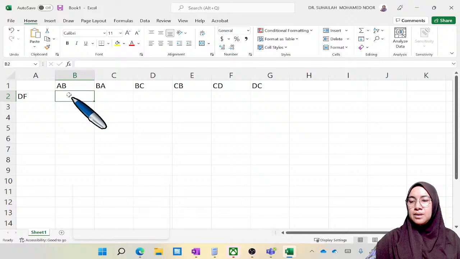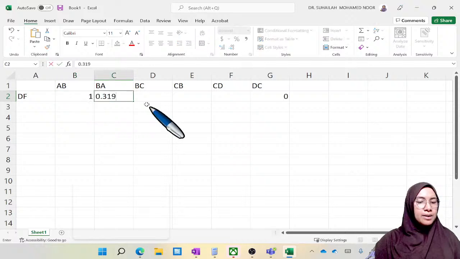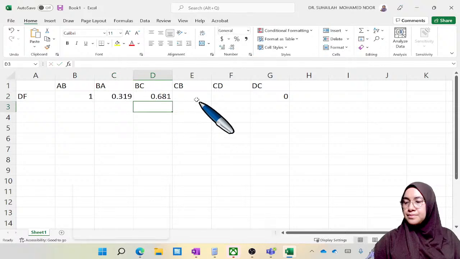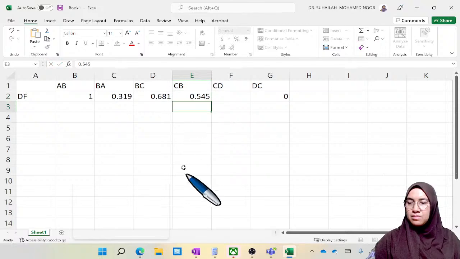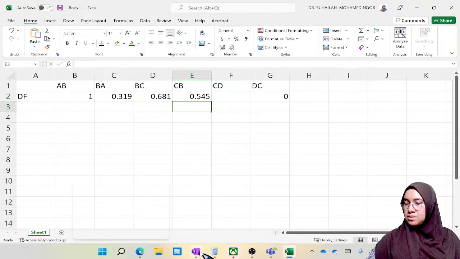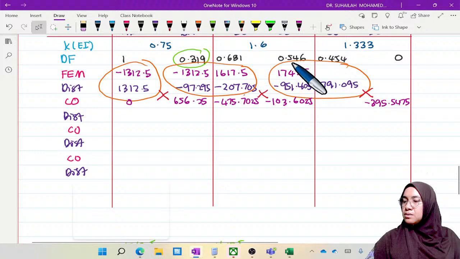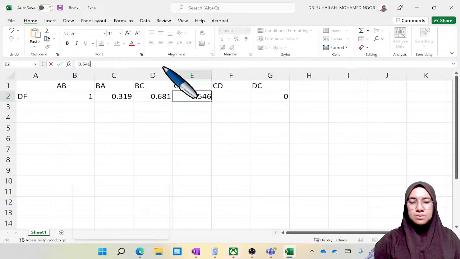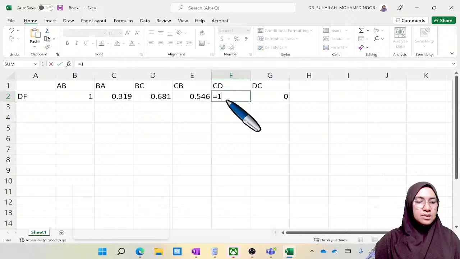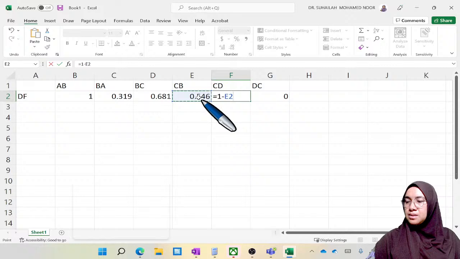Get the value 0.319, so this is 1 minus 0.319. And another one is 0.546, so this is 1 minus 0.546.